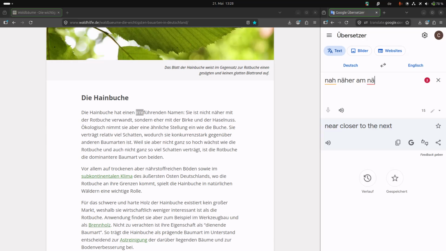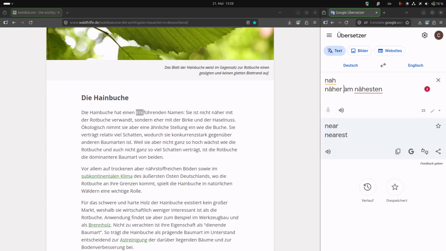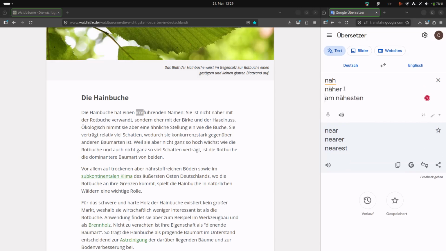was it am nächsten? I'm just confused right now, but I think this should be correct if Google Translate already recognizes it that way. I hope.